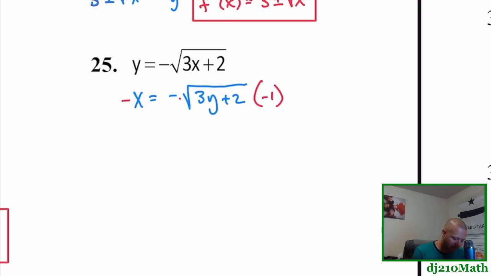All right, if I multiply both sides by negative 1. So do it like this so you can see it. Negative 1. The negative and negative cancel on the right. And then on the left, we never just leave negative 1, right? It's just negative x. Negative x equals the square root of 3y plus 2.